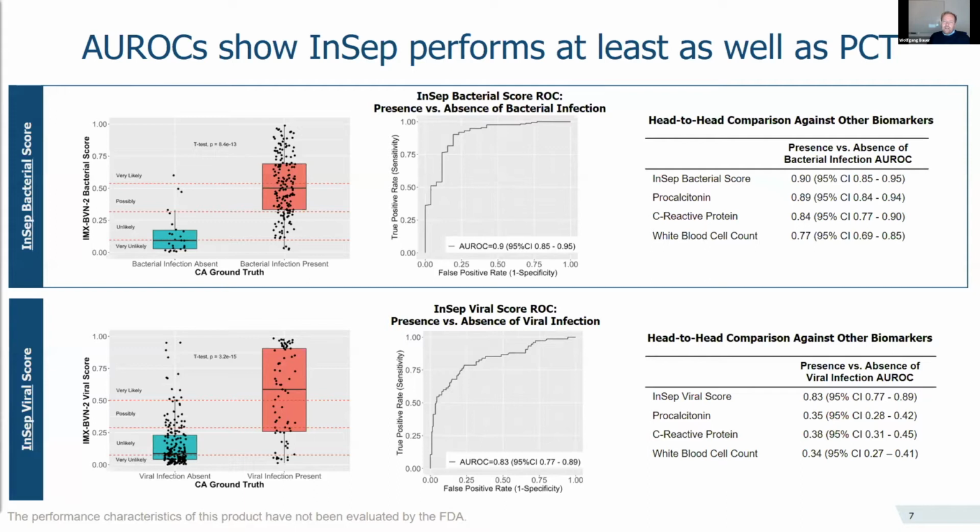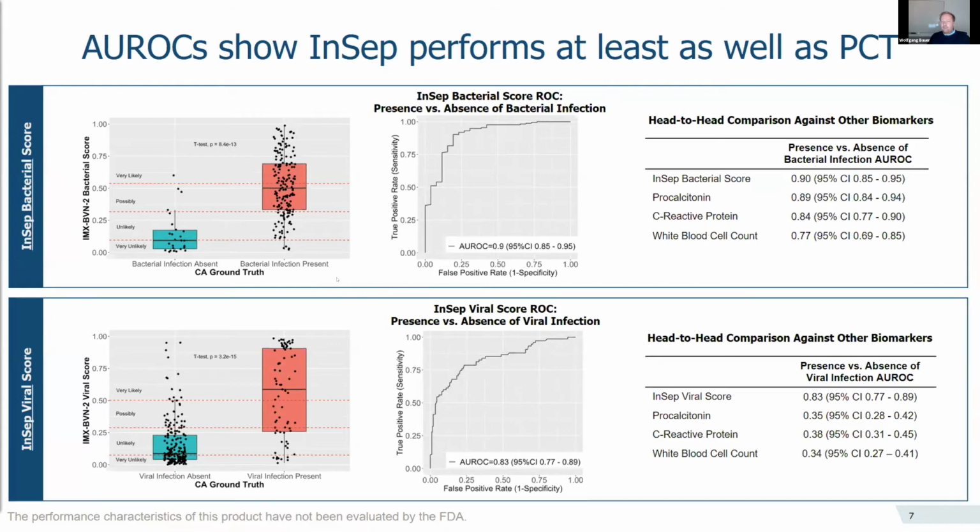So it's even more interesting that we could find a comparable, maybe even slightly better result for the Inflammatix INSEP score than for PCT and CRP. For viral infection, we found also good performance. And as you can see, all the other routinely used biomarkers are of course not useful to assess viral infection.